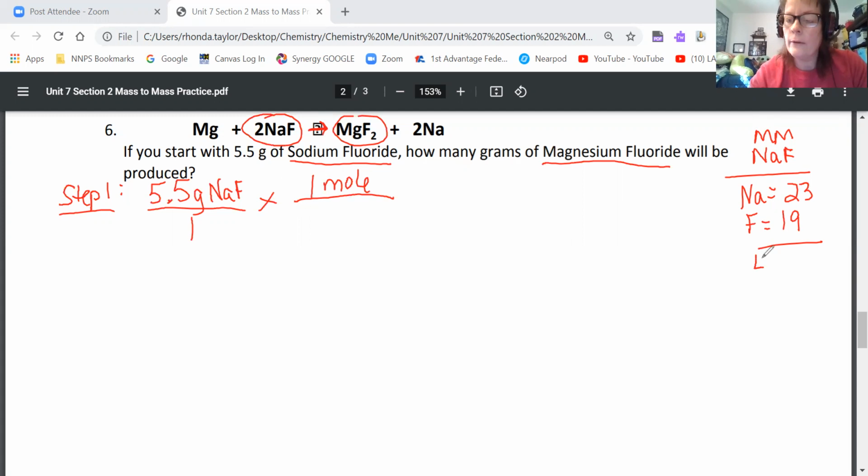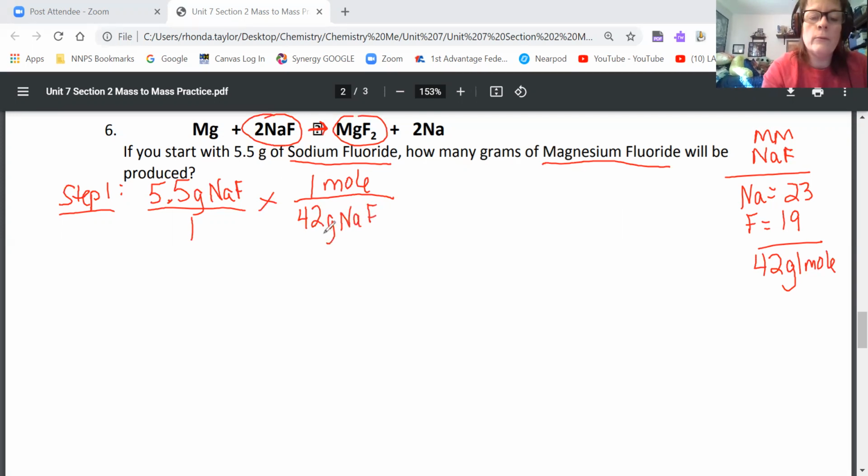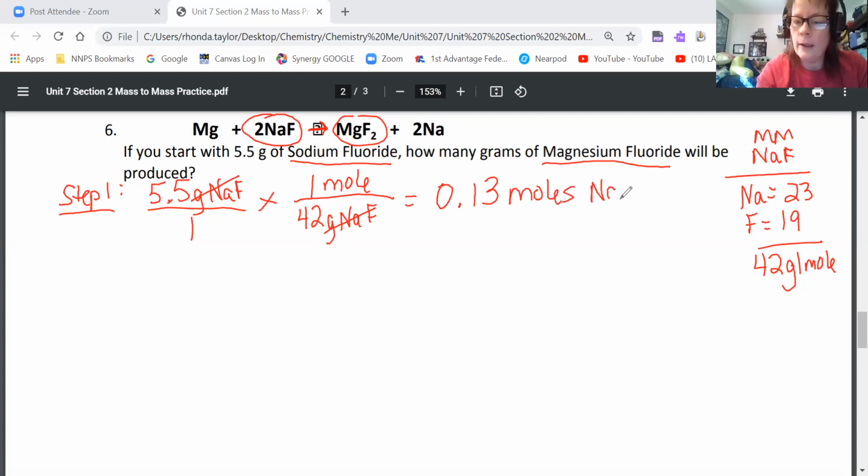Add those together, you get 42 grams per mole. All right, so 42 grams of NaF in 1 mole. Okay, and we put the grams on the bottom here because we're trying to isolate the number of moles. So when you do your math, you should come up with 0.13 moles of NaF.